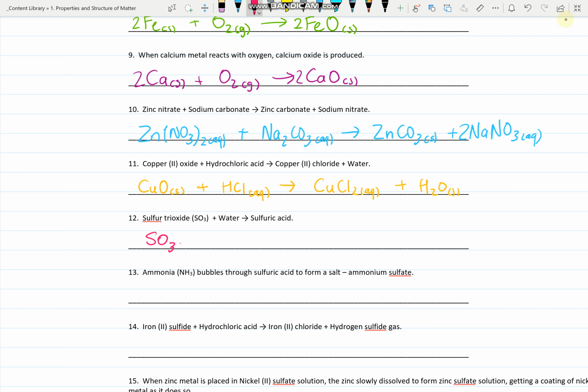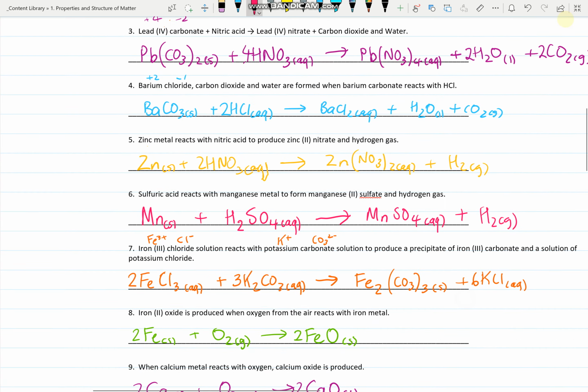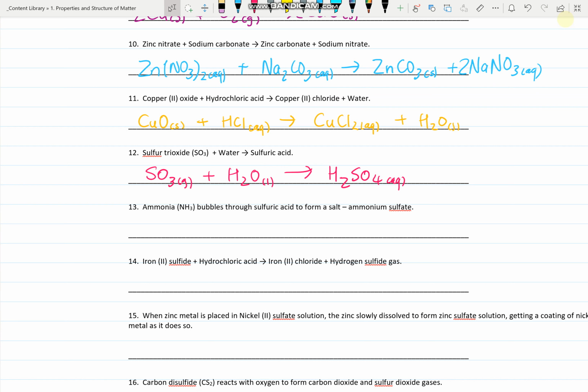Sulfur trioxide, which is actually a gas. And that's my advantage over you. You wouldn't be expected to know that. H2O, which is a liquid at room temperature, goes to H2SO4 aqueous. All right, what points out? Nothing. Perfect. After pink, we go orange.